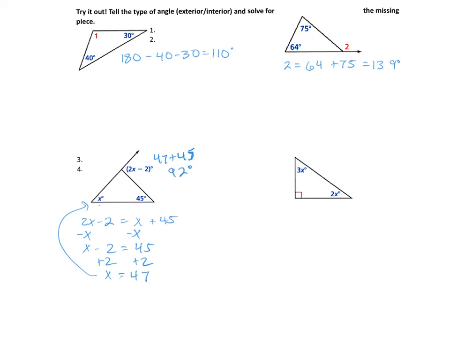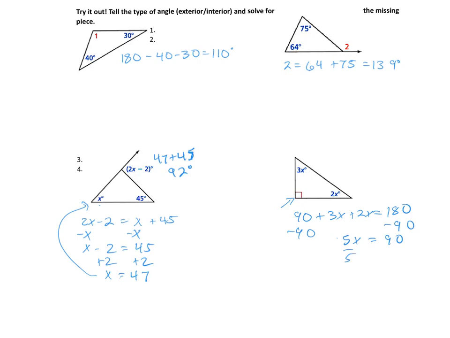Finally here, I know that all the angles must add up to be 180. This square tells me that's a right angle, so it's 90 degrees. So 90 plus 3x plus 2x must equal 180 degrees. I'm going to subtract 90 from both sides and combine my like terms, so that's 5x equals 90.